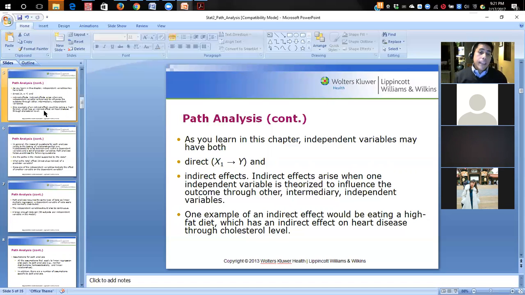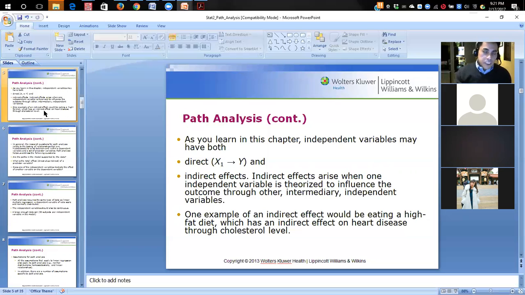Whereas in path analysis, aside from looking at slopes and intercepts, it also looks at the indirect effects of an independent variable. So this is the additional information that we get from path analysis.